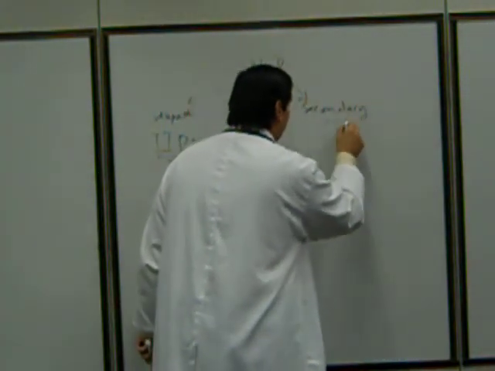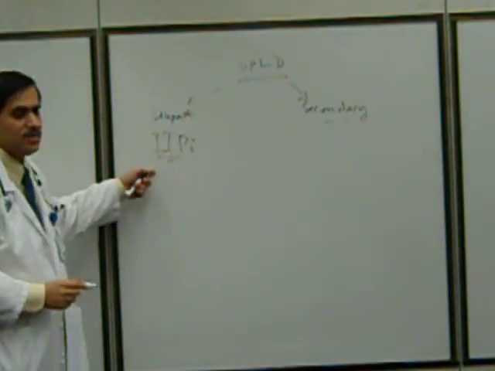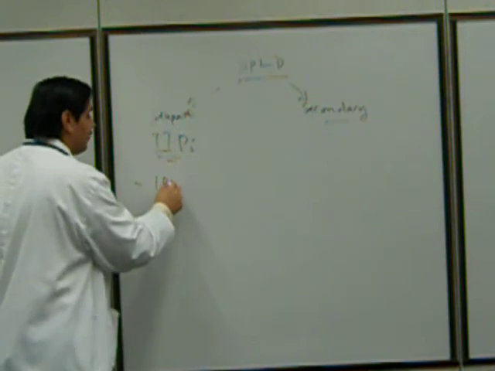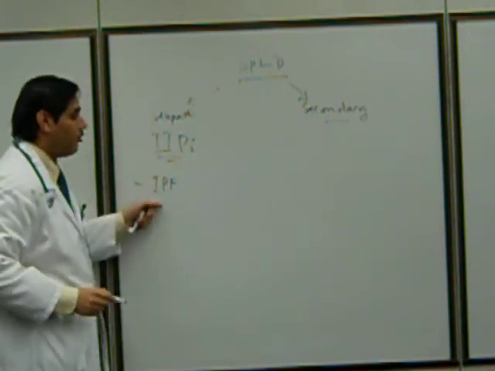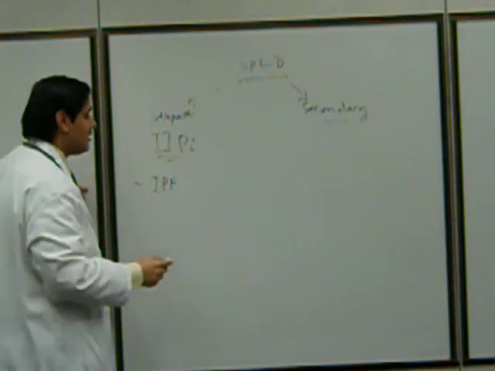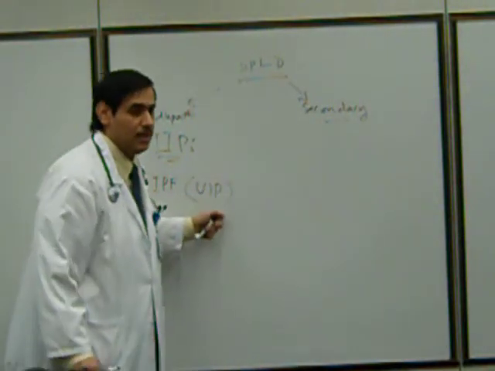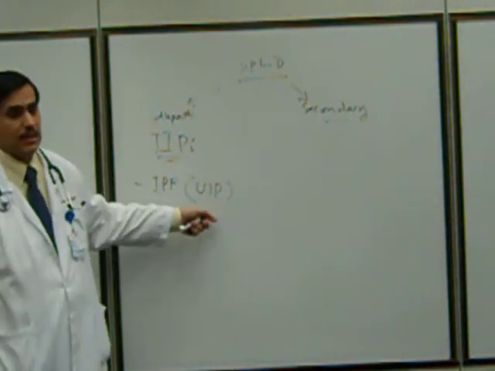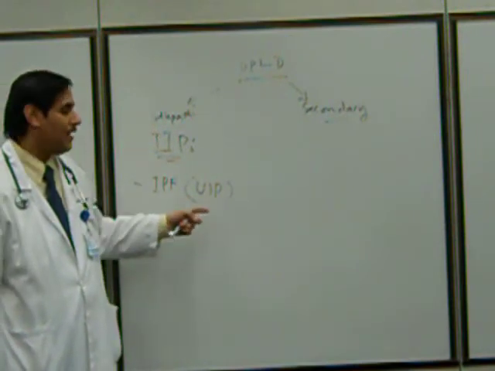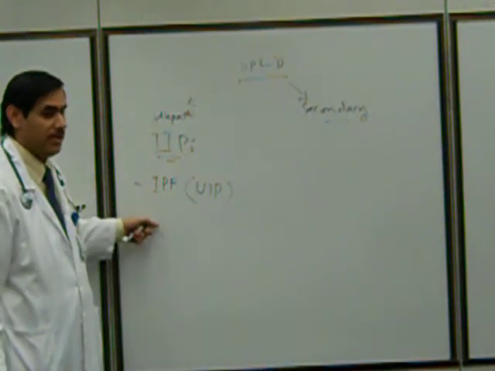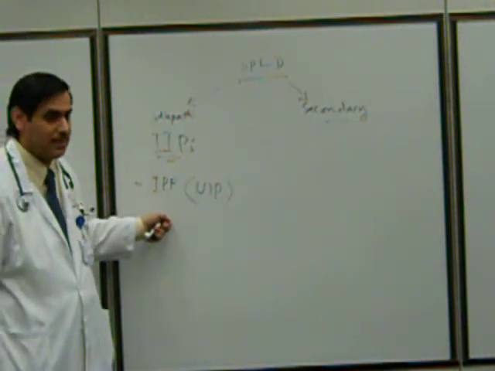The idiopathic interstitial pneumonias actually include IPF, idiopathic pulmonary fibrosis, which is the most common, sometimes called UIP, or usual interstitial pneumonitis. Usual interstitial pneumonitis is the pathologic definition, so it's a histopathology diagnosis. The clinical diagnosis is IPF, or idiopathic pulmonary fibrosis.